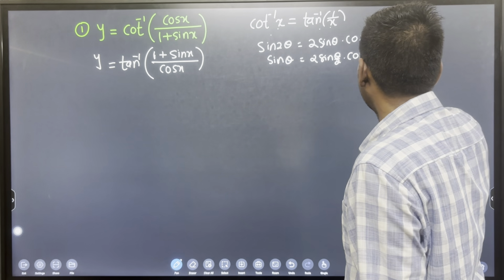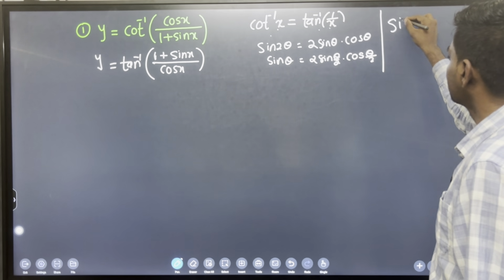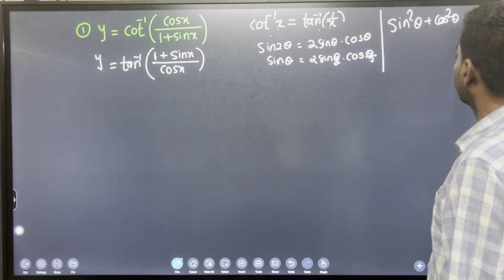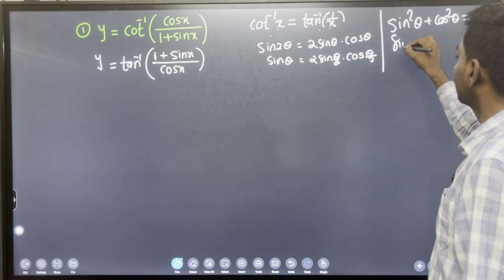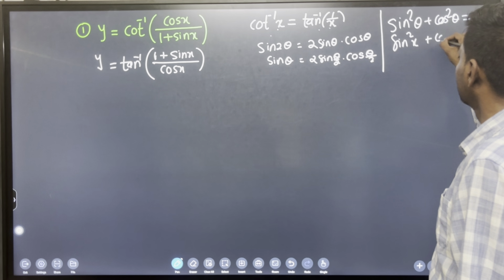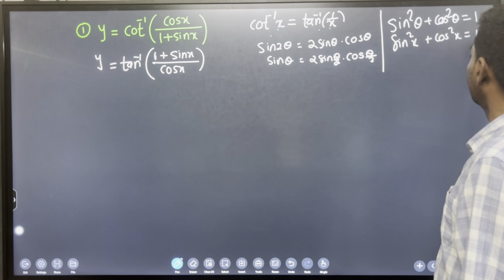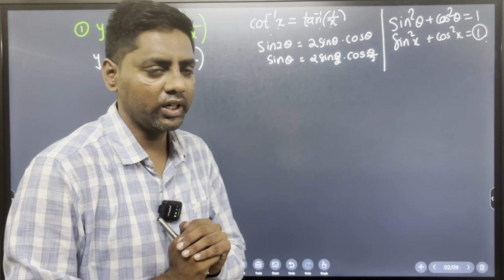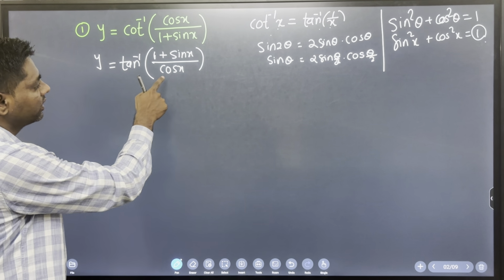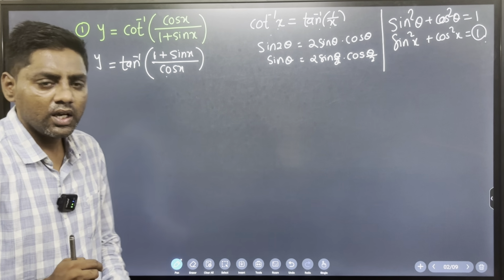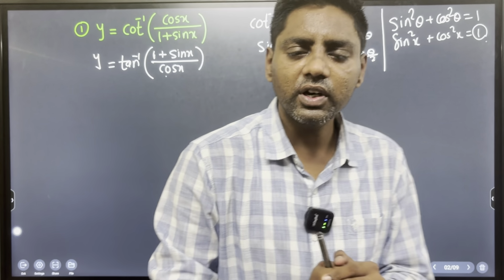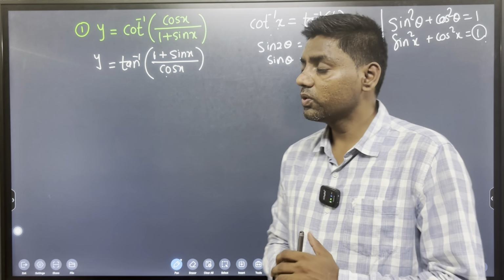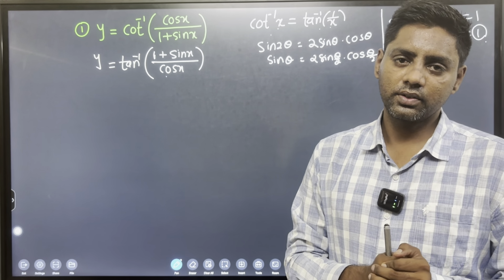The formula is sine square theta plus cos square theta equals 1. So we can write sine square x plus cos square x equals 1. We replace the 1 by this fundamental identity, and so we complete the numerator. Let's understand the denominator. Cos of 2 theta has 3 or 4 formulas. Out of that, which formula do we use where sine and cos are both present?